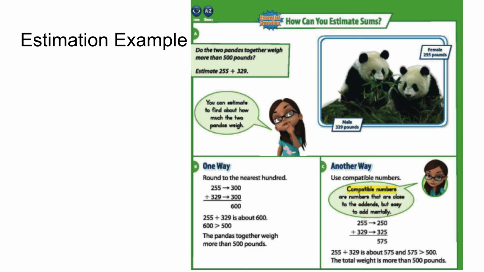Okay, so here are some examples of estimation. Do the two pandas together weigh more than 500 pounds? Let's think about it. So I have one panda, female panda, 255 pounds, and male panda, 329. What would you say? How would you round it? So if you are rounding this to 300, and that's also about 300, it's gonna be about 600, right?